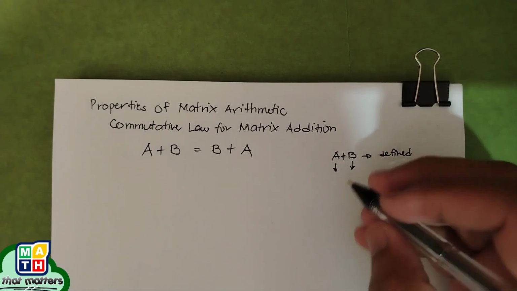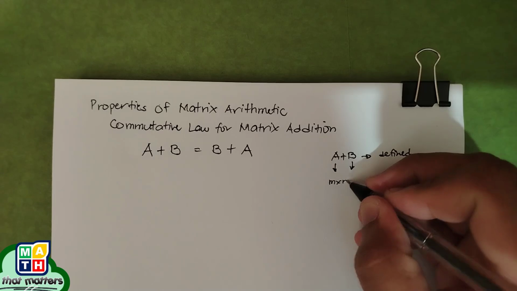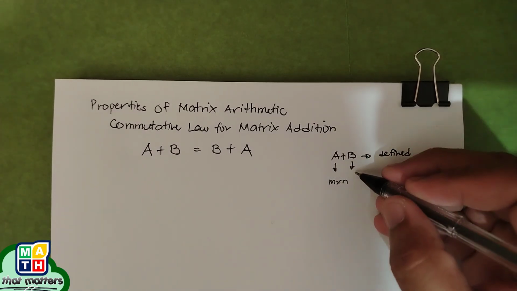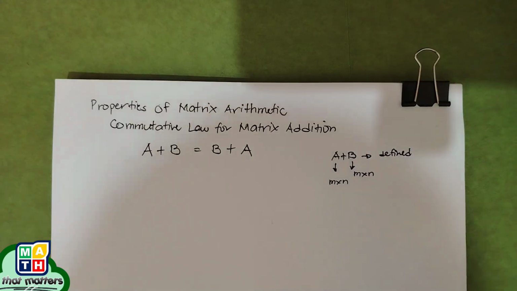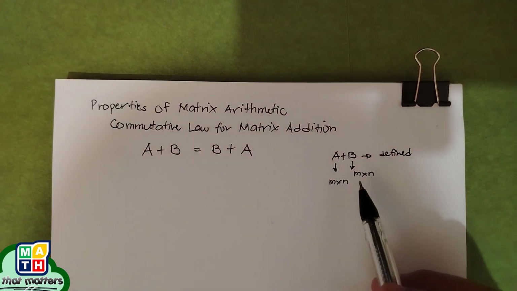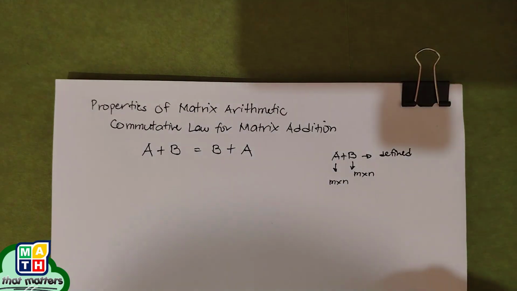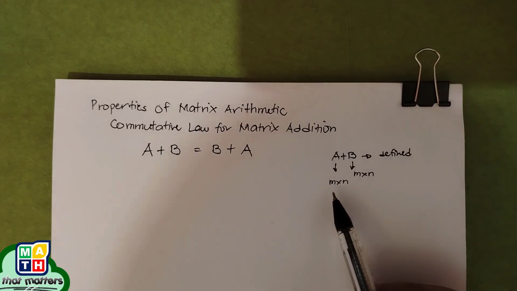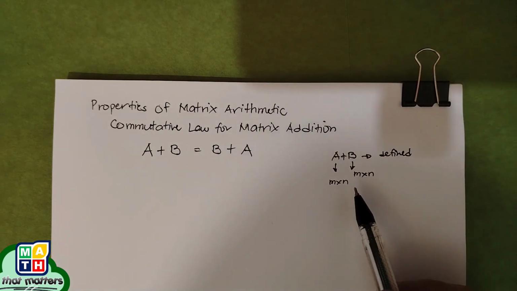Say for example, if A is an m by n matrix, A plus B can only be defined if B is also an m by n matrix of the same size, not with other sizes, because m here tells us the number of rows and n will be the number of columns.